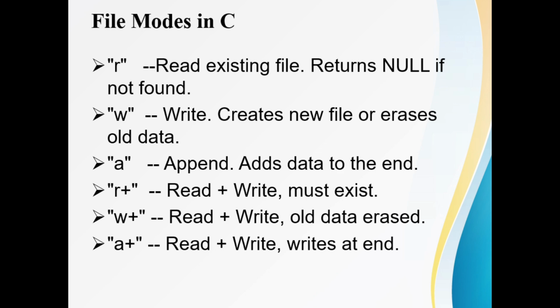And w+ helps to open a file for reading and writing, and the old data will be erased in this case. And the next one is a+. It helps to open a file for both reading and writing, but the writing always happens at the end. These are all the six modes that we have to use in file handling operations.